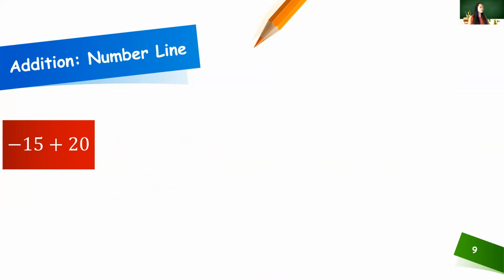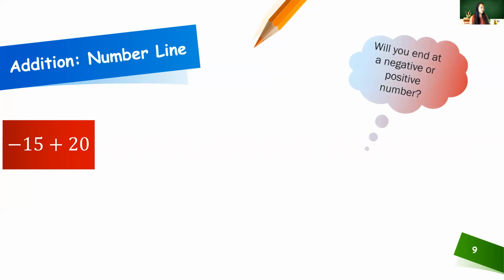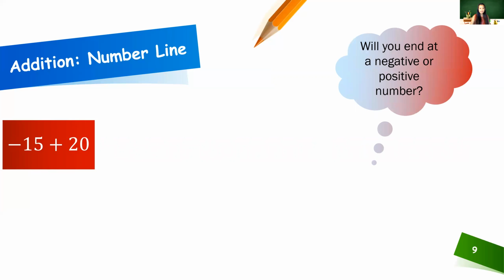Now, suppose you see something like this. You might not want to go and draw tick marks, right? So let's think about it for a second and generalize this information. Would the answer be a negative or a positive? And why do you think that is? Okay. If you have said the answer is positive, you are correct. Why is that?